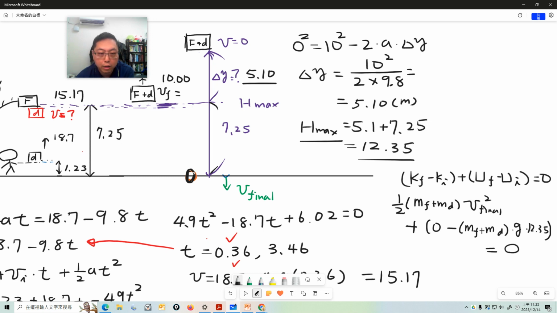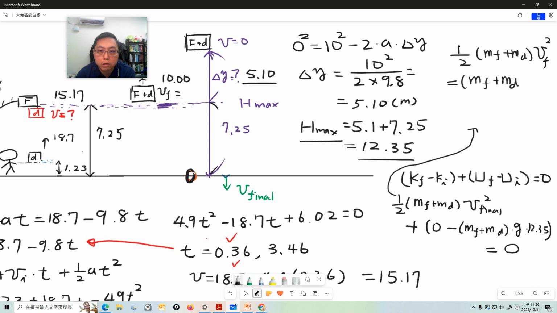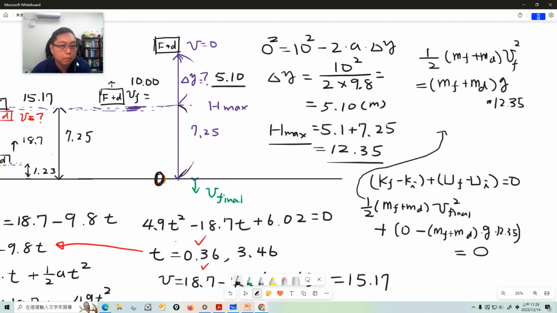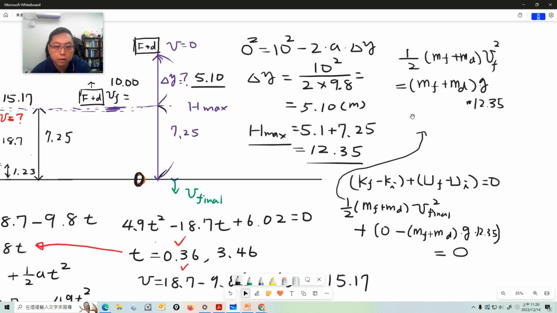So we get the equation like this: one half of (MF plus MD) V final squared equals (MF plus MD) times g times 12.35. I don't have any space here, maybe I should move more to the left.